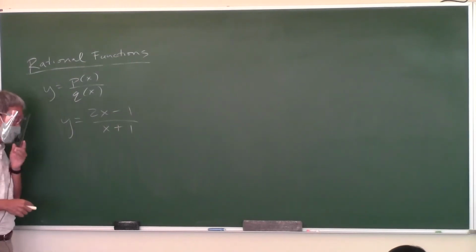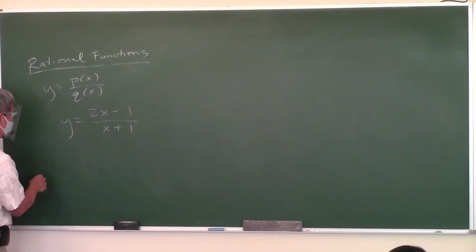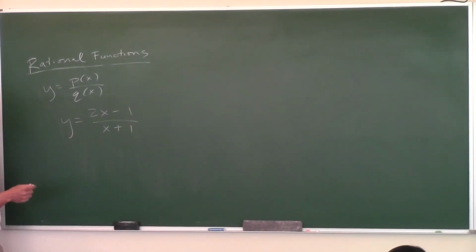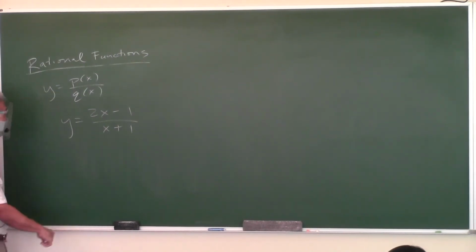Now, last year when your teacher taught you how to graph these, well, I don't know, what did your teacher teach you? Did your teacher teach you the 4-step process? If you just go through these 4 steps every time, you should be able to come up with a graph.